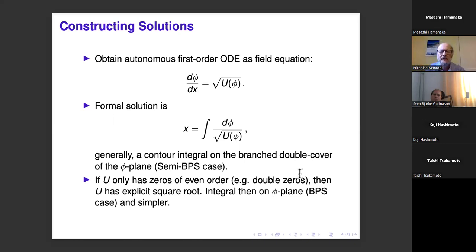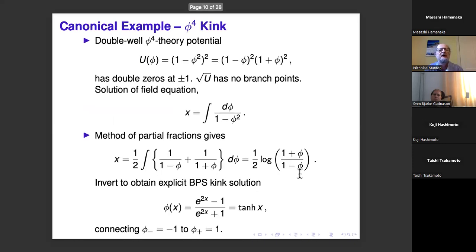If they're all of even order, then you can always find an explicit square root, and you can then forget about this branch double cover. But some examples will have simple roots, and some of our examples will have just double roots or higher even order roots. Okay, so we'll come back to that. It's an important aspect of this story.